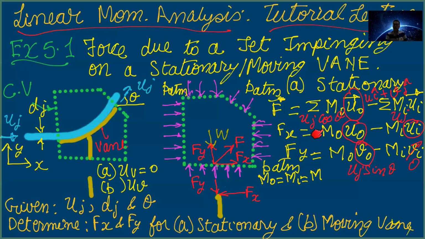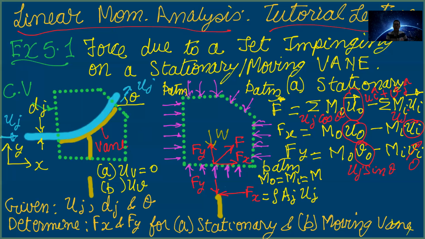Here I had shown you the velocity, but for the mass flow rate, note that you have one inlet and one exit, and you have a steady flow situation. So by mass conservation, which was the previous topic, for a steady flow whatever mass flow rate is entering has to leave. So m out is equal to m in, let us call it m, and this is equal to density times area times the velocity of the jet, which is uj.